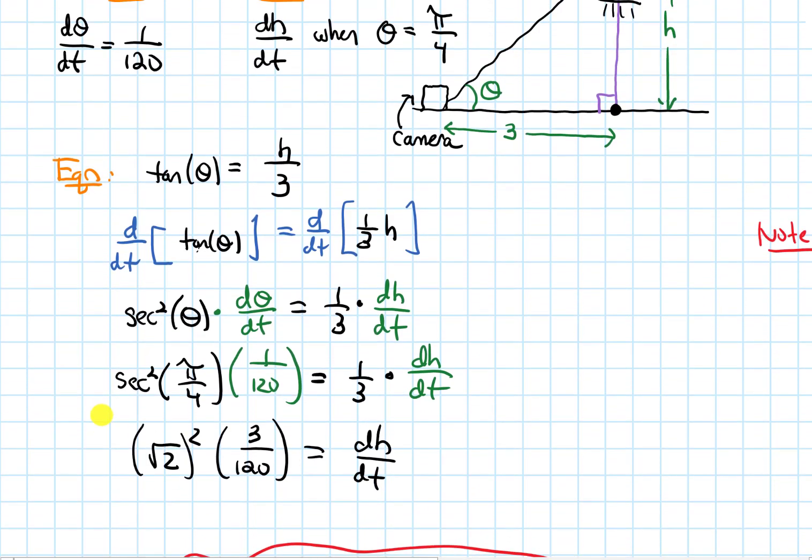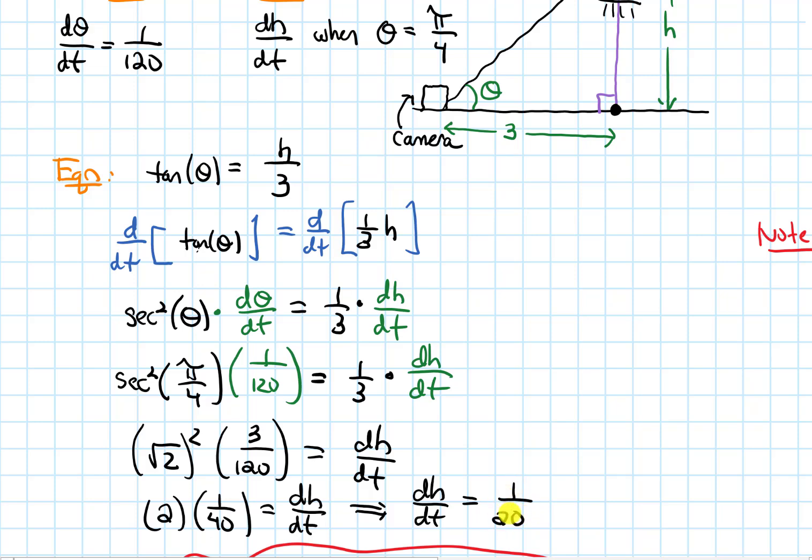All right, so we're almost there. Root 2 squared is 2, and then 3 over 120 simplifies to 1 over 40. So 2 times 1 over 40 equals dh dt. If I simplify, I can cancel a 2 and be left with dh dt equals 1 over 20.